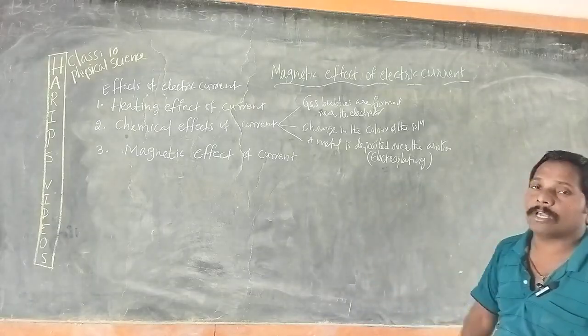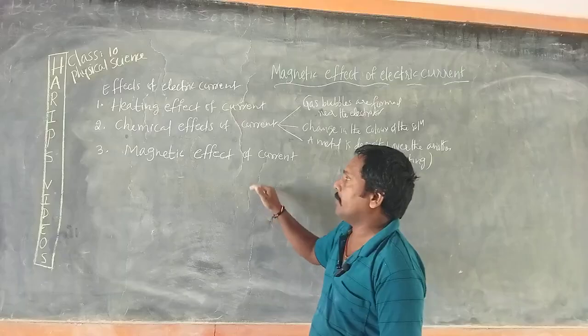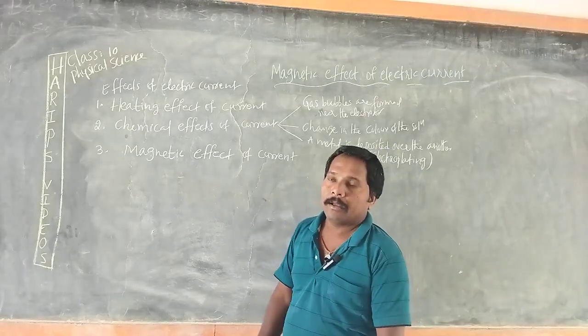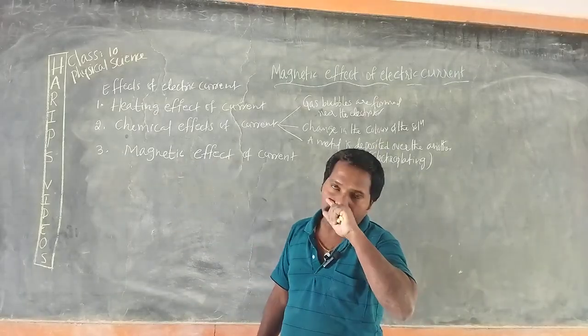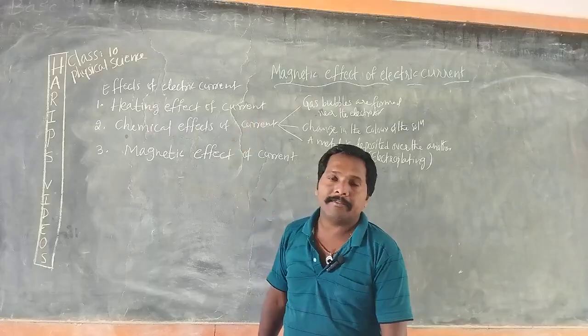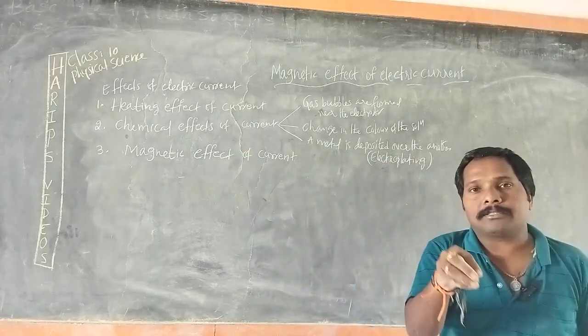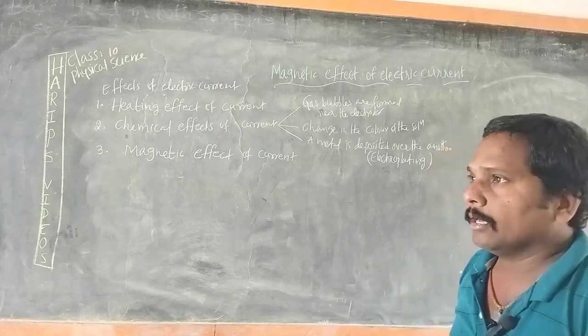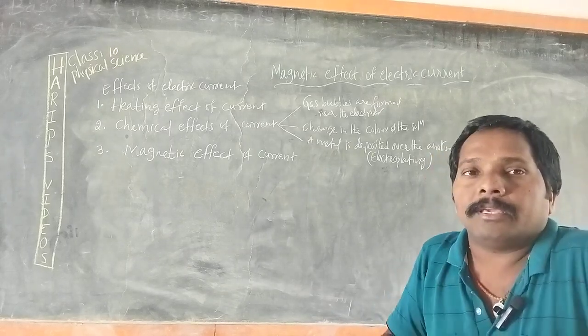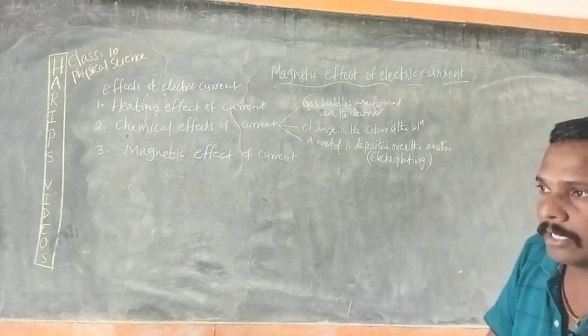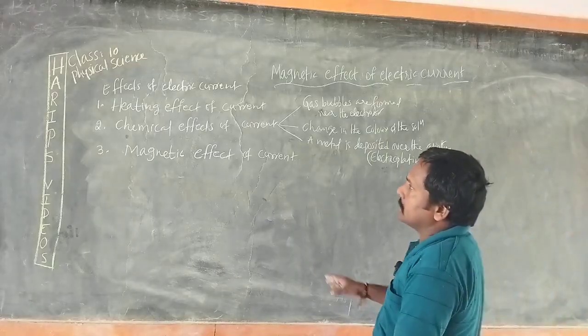What effects do we get? That effect is called the magnetic effect. We know the heating effect of electric current: when electric current is passed through a conductor, some heat energy is produced. Such an effect we call the heating effect.